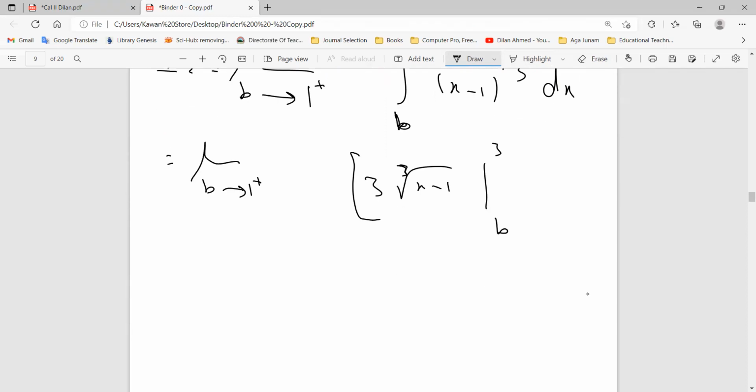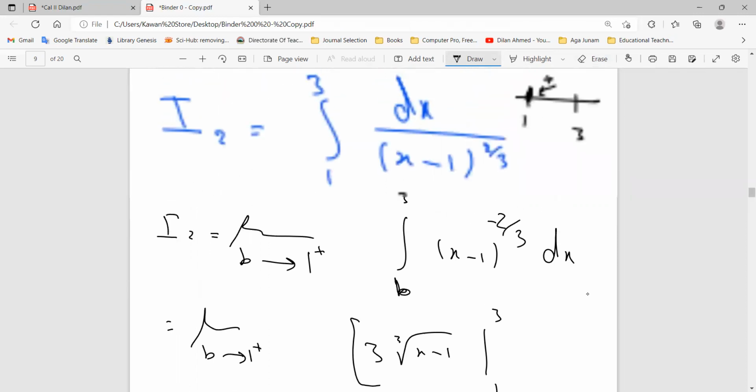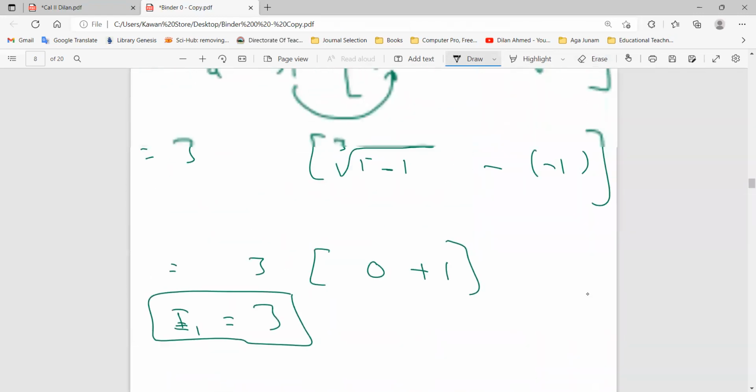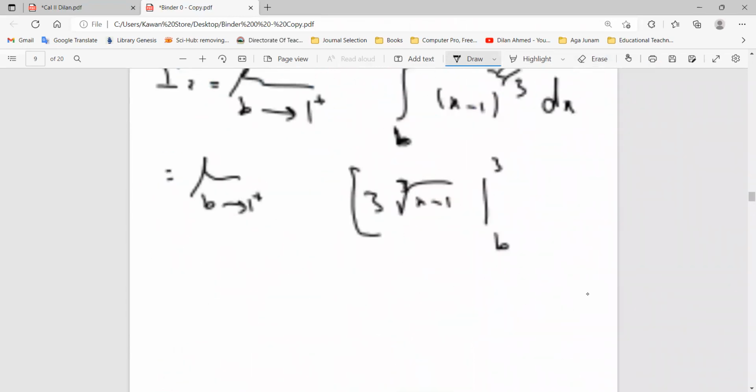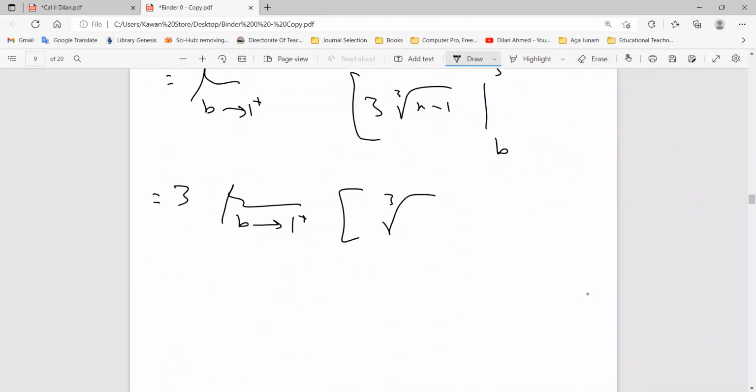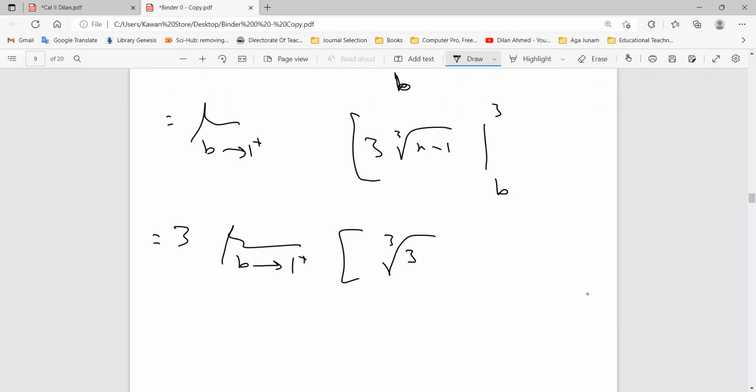Then we will get 3 times the limit as B approaches 1 of the cubic root of 3 minus 1, am I right? Minus the cubic root of B minus 1.